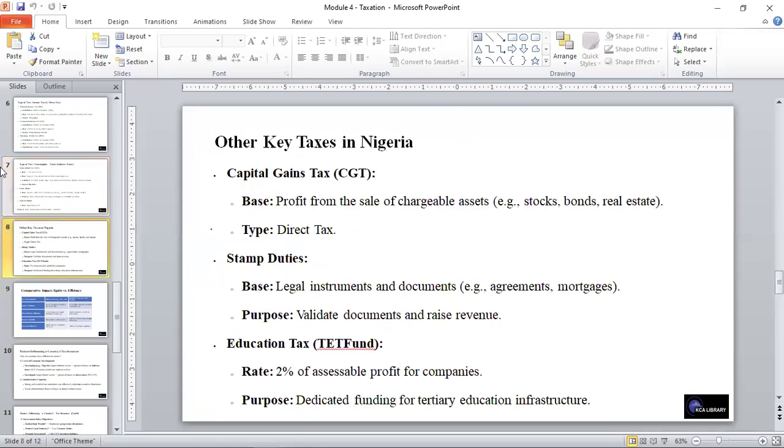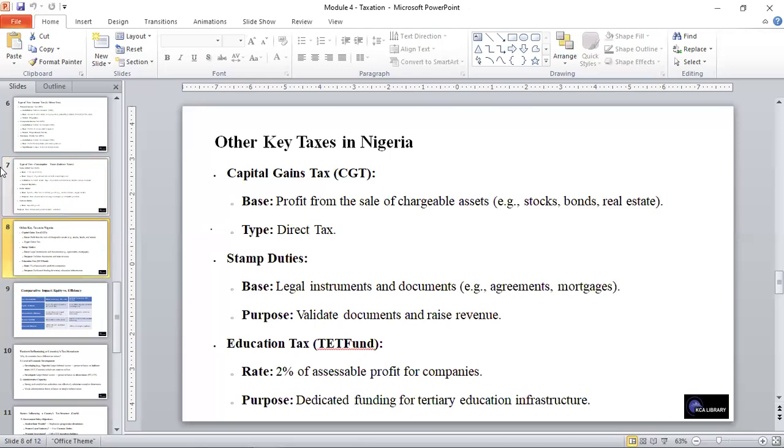Other key taxes in Nigeria include the capital gain tax, and this is on profit from the sale of chargeable assets like stock, bonds, real estate, and it's actually a direct tax. We also have the stamp duty, which is on legal instruments and documents, in terms of agreements and mortgages, and the purpose is to validate documents and raise revenue.